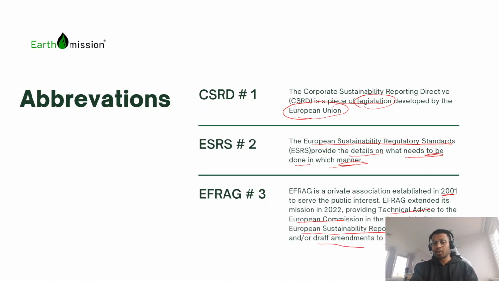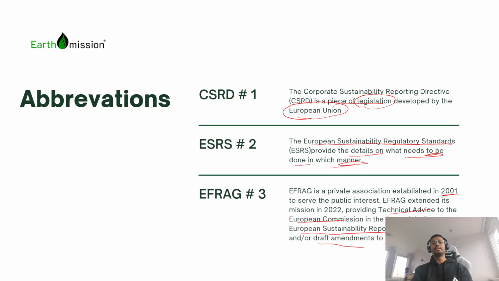You can look at their website to know more about EFRAG, but basically it's a private association working closely with the European Commission, providing technical advice. They were basically behind the CSRD reporting and defining the ESRS framework as well.